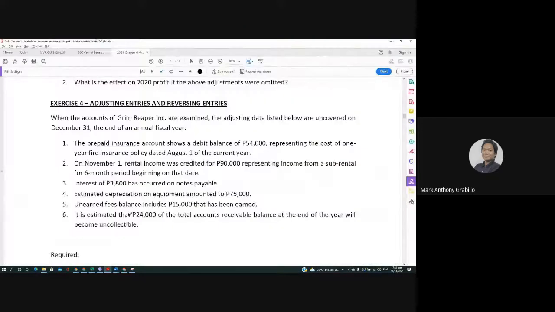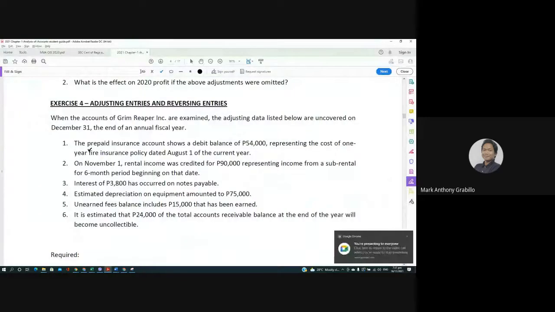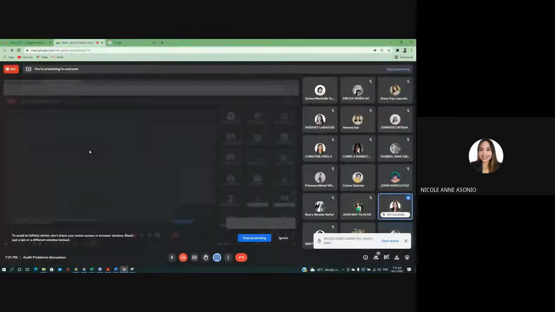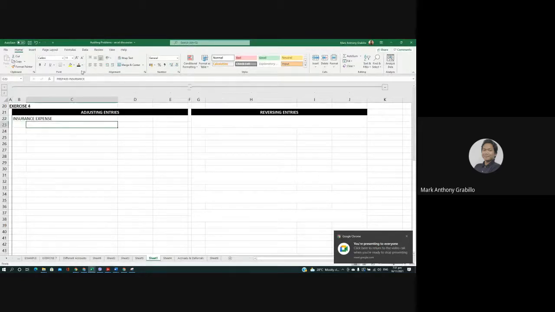So what will be our entry sa number 1? Anong adjusting entry natin dito, class? Debit insurance expense po, credit prepaid insurance. Yes, that's correct. So debit insurance expense and then credit prepaid insurance.